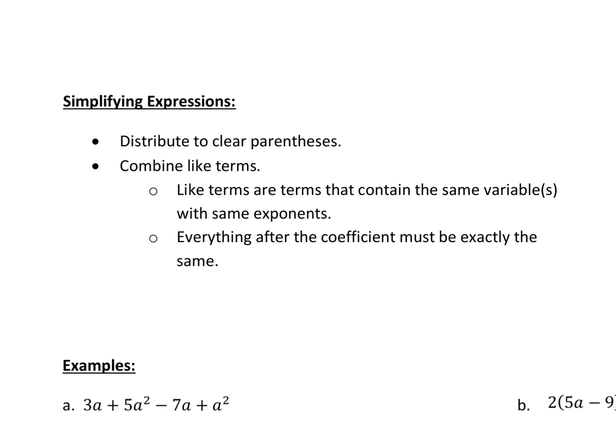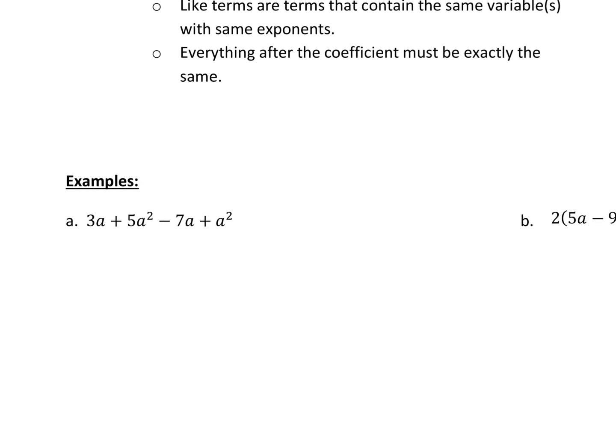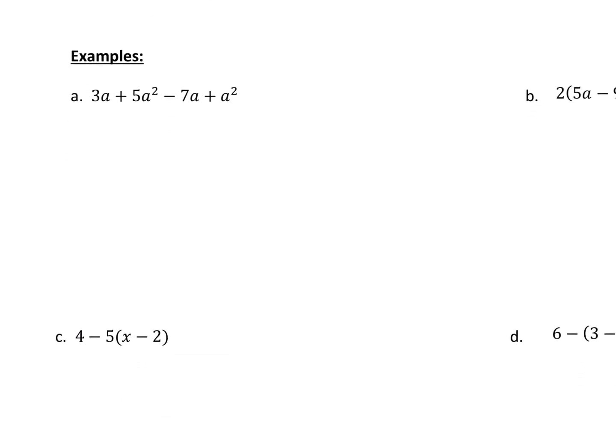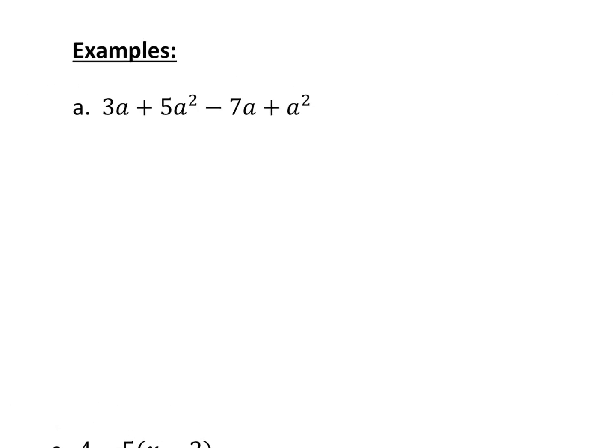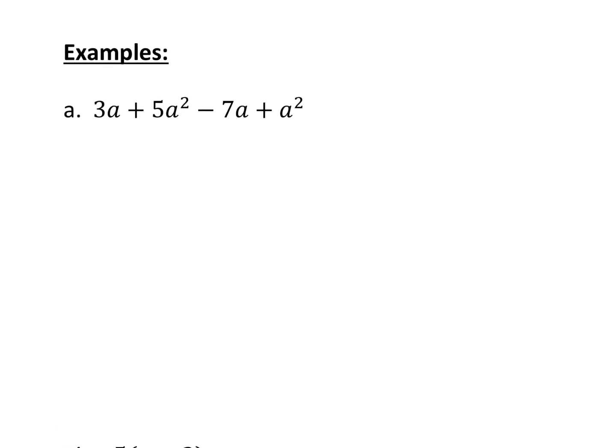All right, so let's look at some examples of this. If we come to example A, we have 3a plus 5a squared minus 7a plus a squared. We don't have any parentheses, so we don't have to do any distribution. And so we just want to combine like terms. Now, when we combine our like terms, we do need to be careful because some of these have exponents and some of them don't.